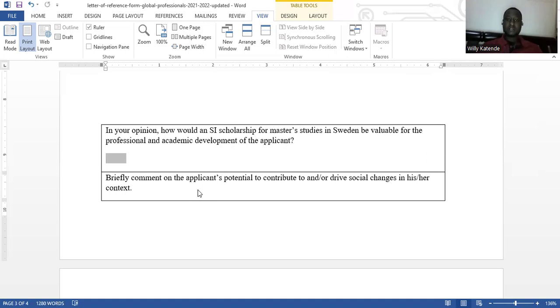So this is very important for you, and it's very important for your referee to mention such when they are recommending you. These networks that you develop, the professional friends that you make while pursuing your master's degree, are very important for the SI. They want to foster those relationships because they are looking for people who are going to change the world.